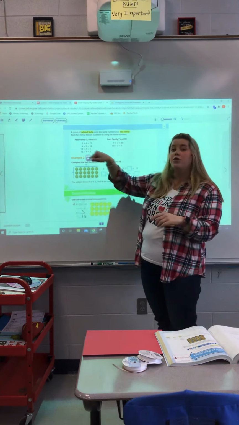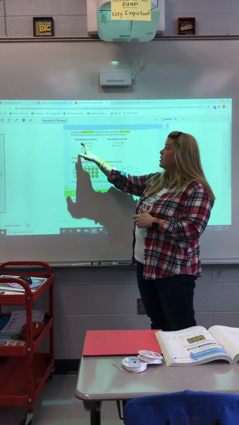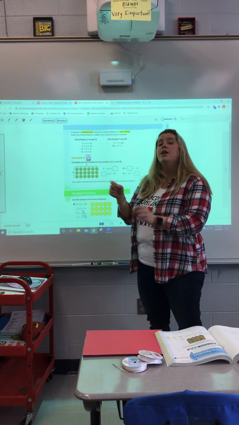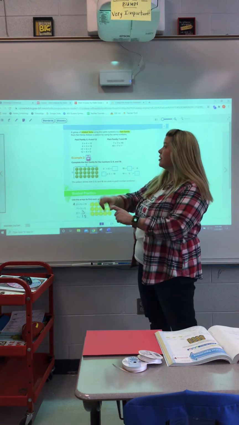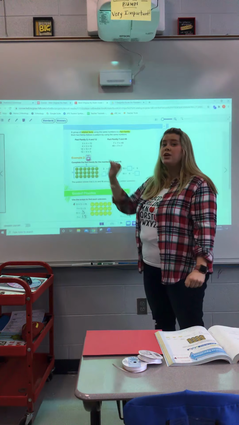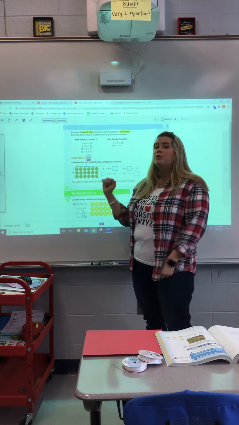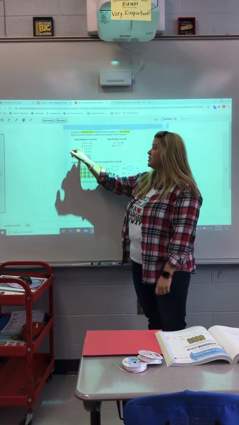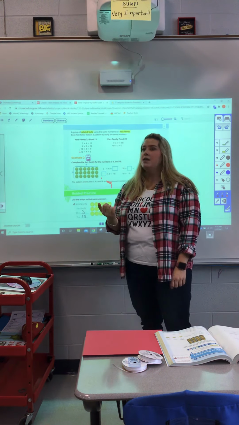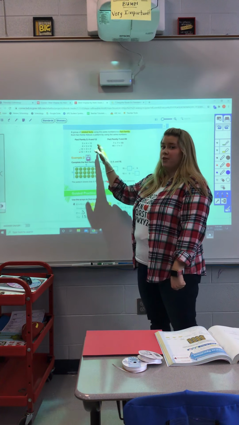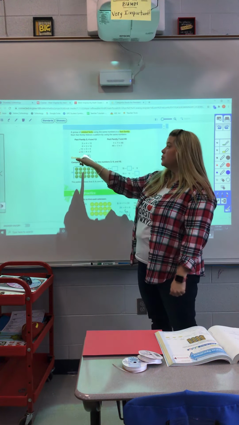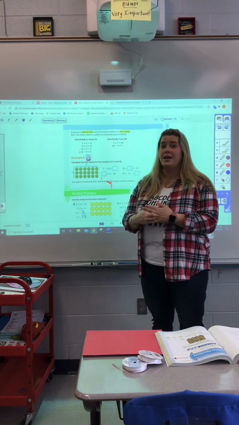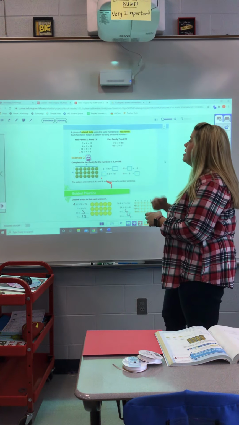Okay, so the fact family for 3, 4, and 12. 3 times 4 is 12. Using the commutative property, I turn it around. 4 times 3 equals 12. Both of my division sentences have to start with the biggest number. That's my dividend. 12 divided by 3 equals 4. 12 divided by 4 equals 3. So there's my fact family.